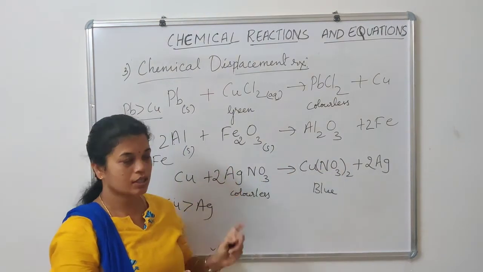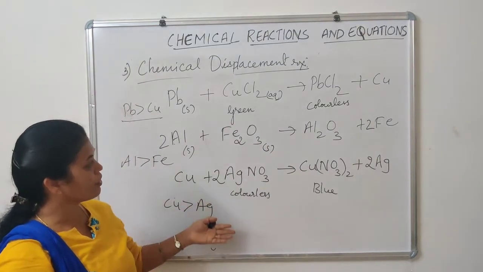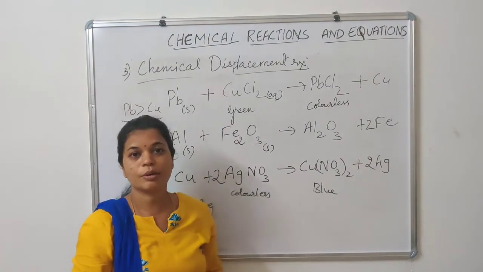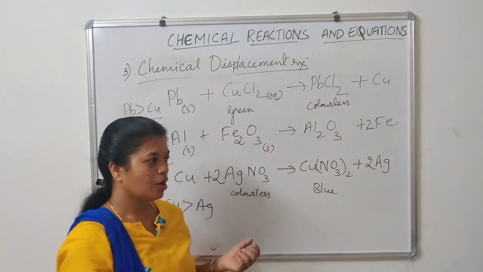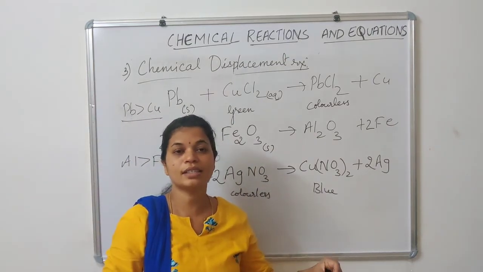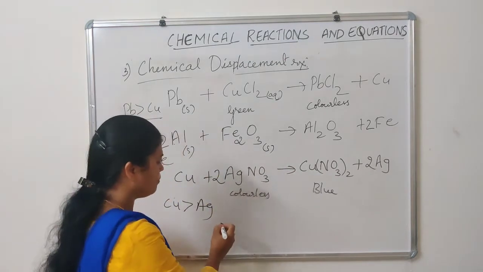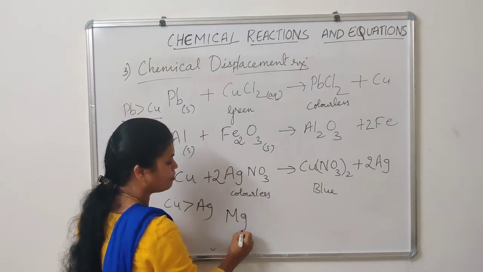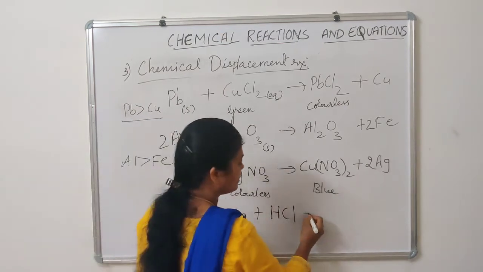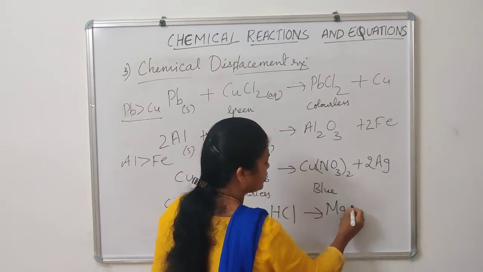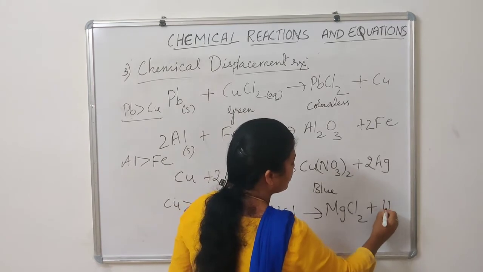Okay, so these are the equations of chemical displacement reactions. One more you can take: when a metal is placed in the acid, for example magnesium plus hydrogen chloride, then what will you get? Magnesium chloride plus hydrogen gas.